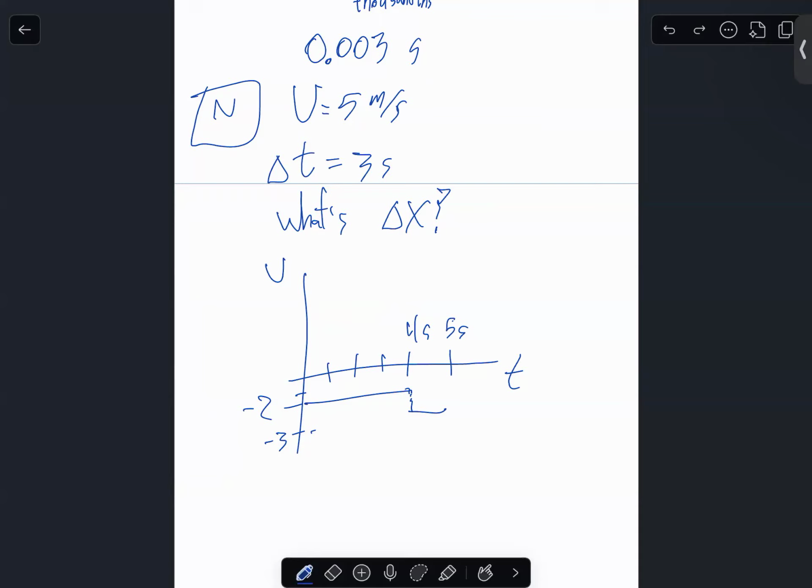How far have I moved in these 4 seconds? 8 meters. 2 meters, 2 meters, 2 meters, 2 meters in the negative direction. Displacement in the first 4 seconds is -8. Then I hop down, and for 1 second, I move at -3 meters per second. How far? I move another -3 meters. Final answer, -11 meters.